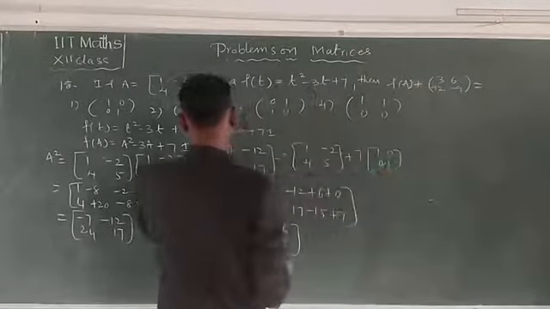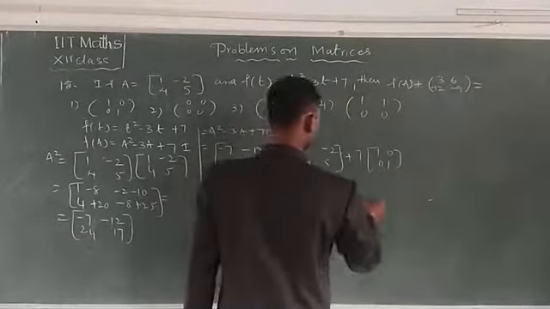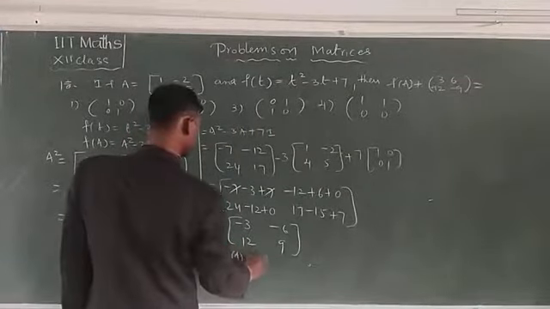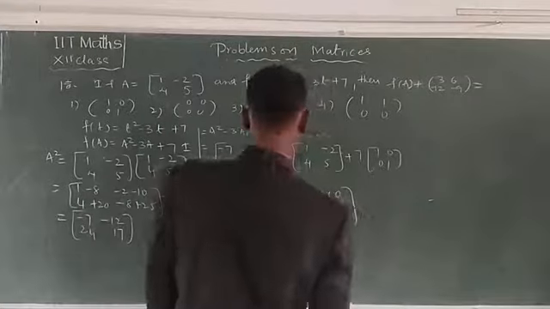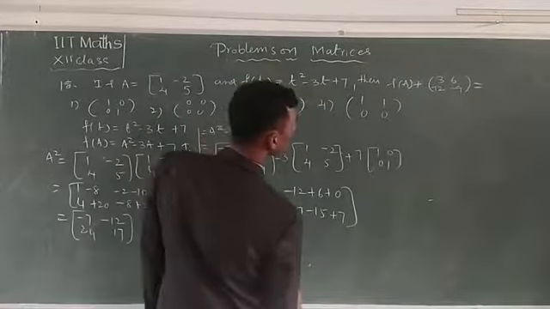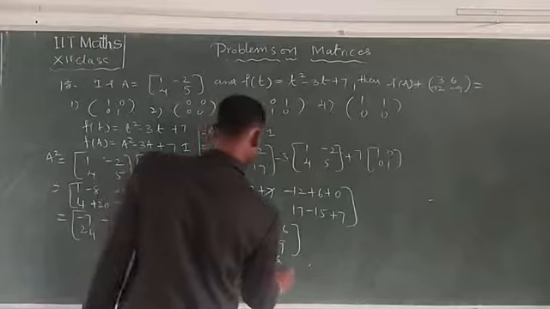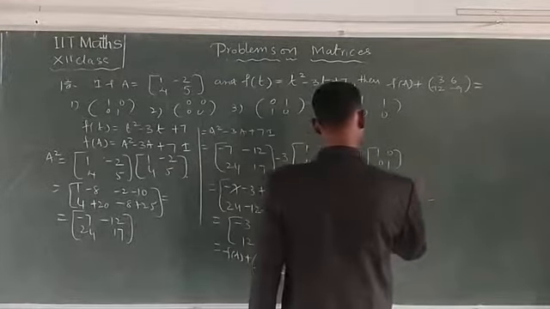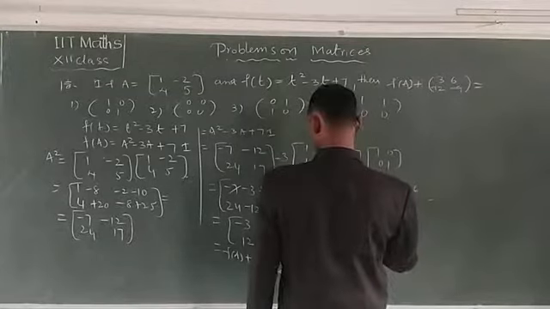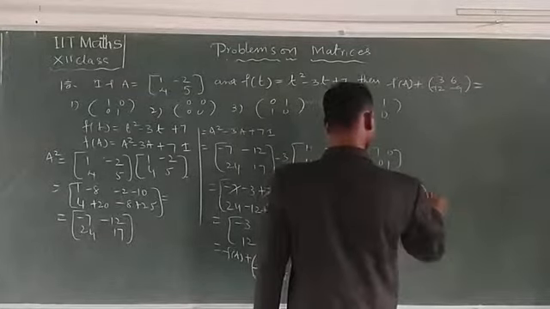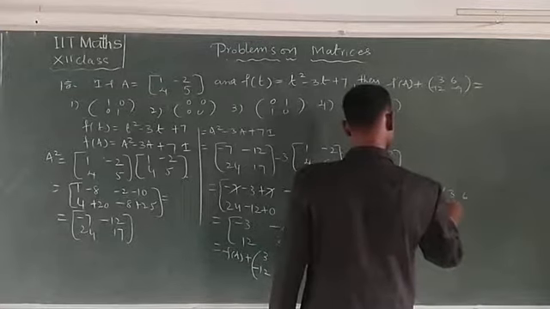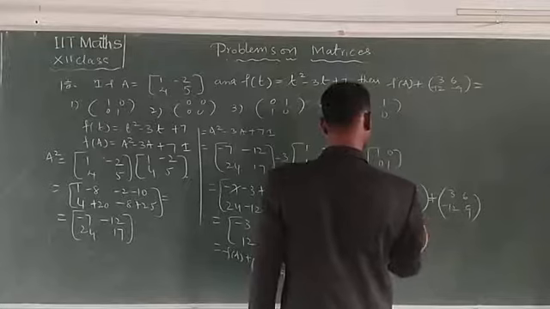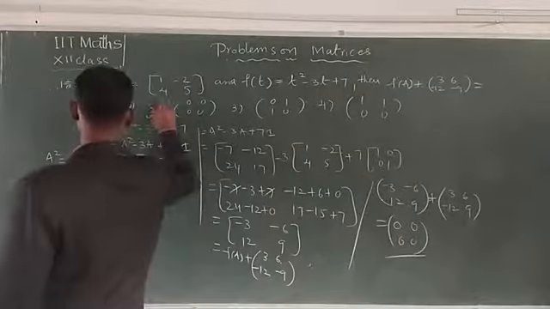Now this is f of A. We have to add f of A plus [3, 6; -12, -9]. Now you can add: minus 3, minus 6, 12, 9 plus 6, 3, 6, minus 12, 9. This is equal to 0. Then this is the second option. Note down.